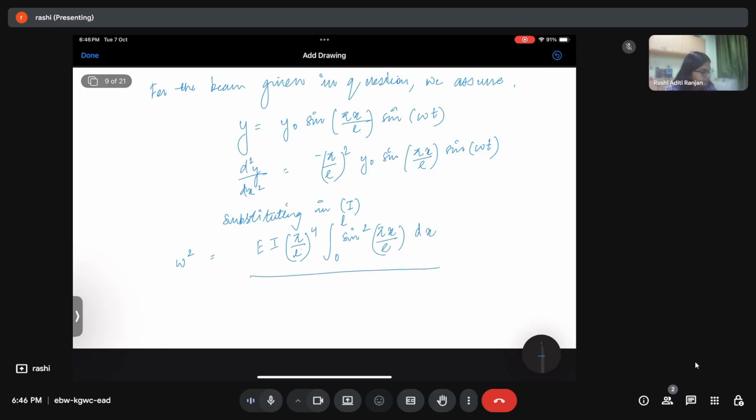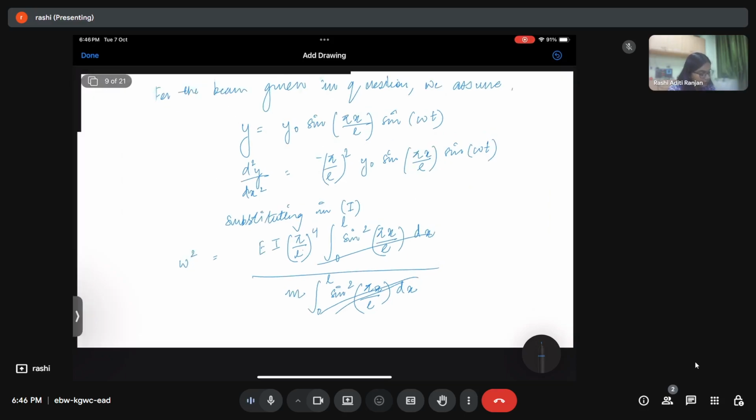divided by m. Let us say this m is nothing but the force per unit length into integration from 0 to L sine square pi x by L into dx, right? So if we look, the integration term is common above and below, so we can just cancel these out, right?